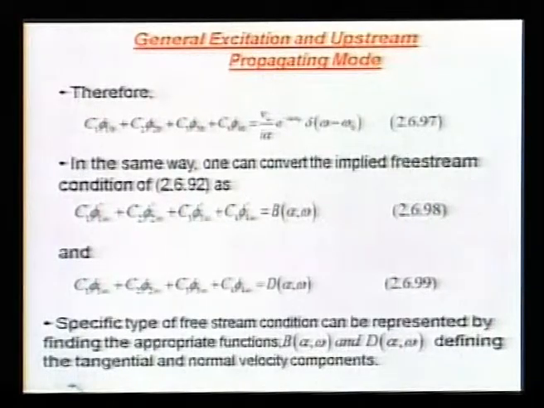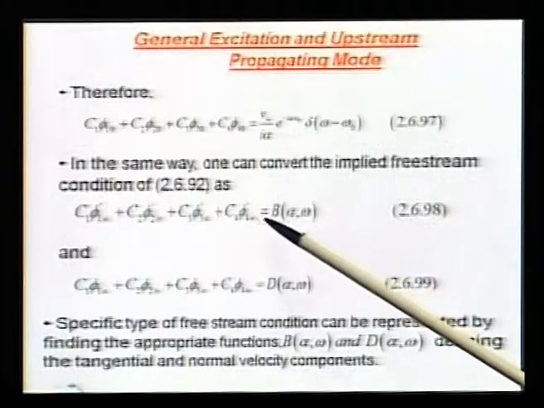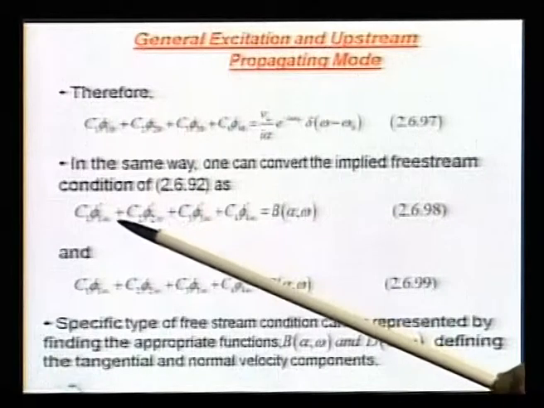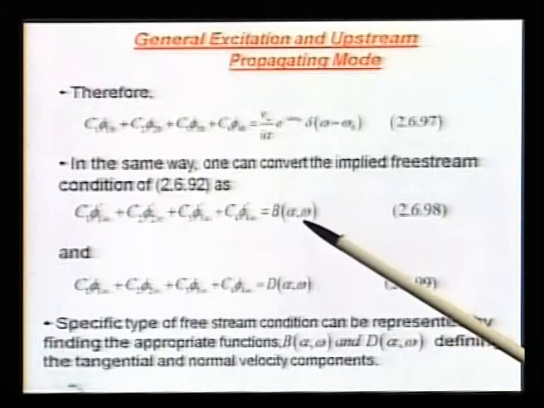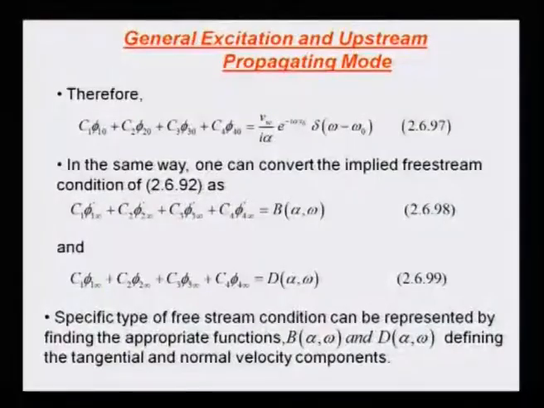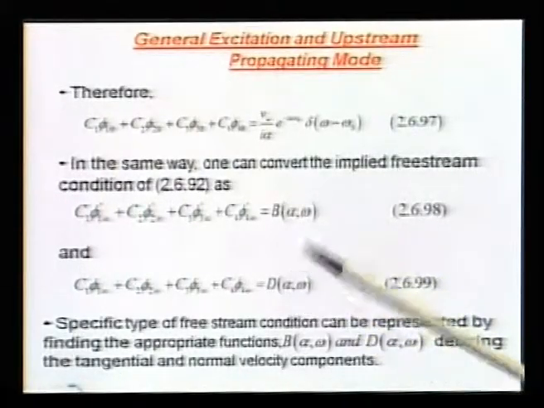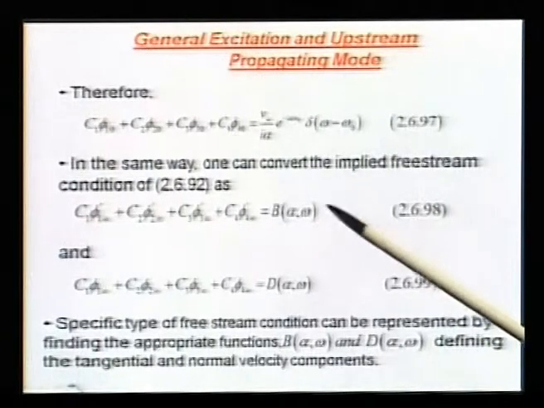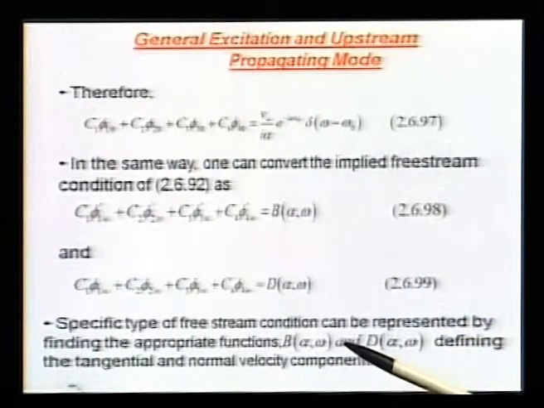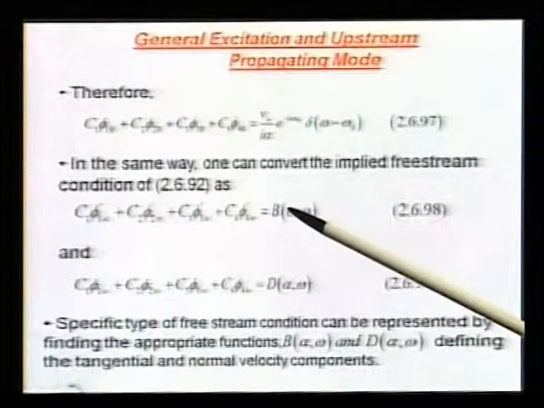So, what we can do is we can similarly set up the other two conditions in the free stream. Those free stream conditions are identified with this added subscript here infinity. This is corresponding to the u velocity, this is corresponding to the v velocity. Okay, so basically you are looking at the effect of free stream excitation through this right hand side B and D. I am just leaving it very general, but for a very specific type of excitation we can evaluate this quantity, right.